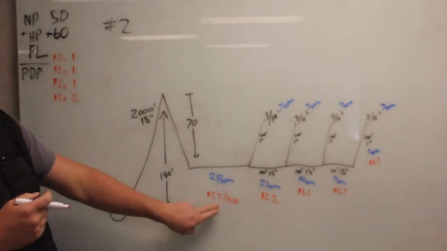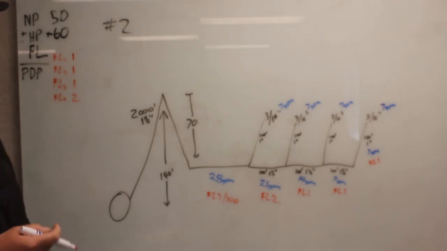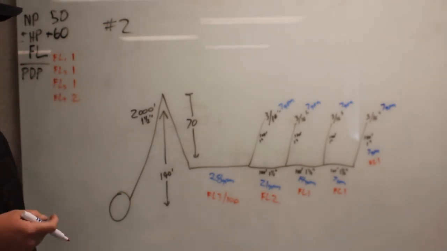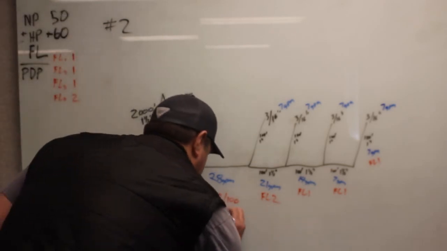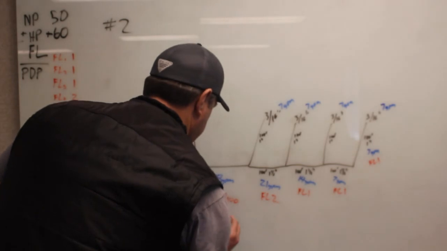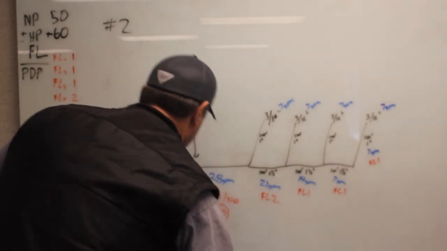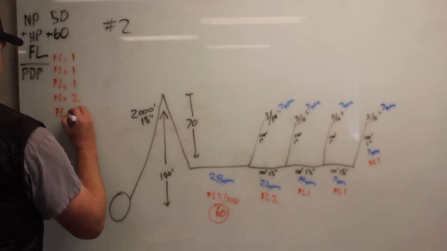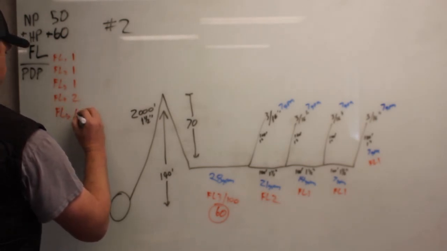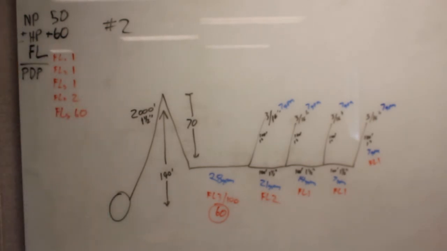All right, and then I go 3 times the number of lengths of hose I have in it. So 2,000 feet takes 20 lengths of hose, so that's 3 times 20. My friction loss is 60. All right, come up here, FL5 is going to be 60.